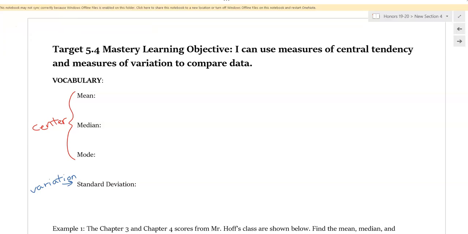So, the mean. You might have heard of mean before. Mean is another word for average. So if you had 10 numbers, right, you add them all up and divide by 10, right?